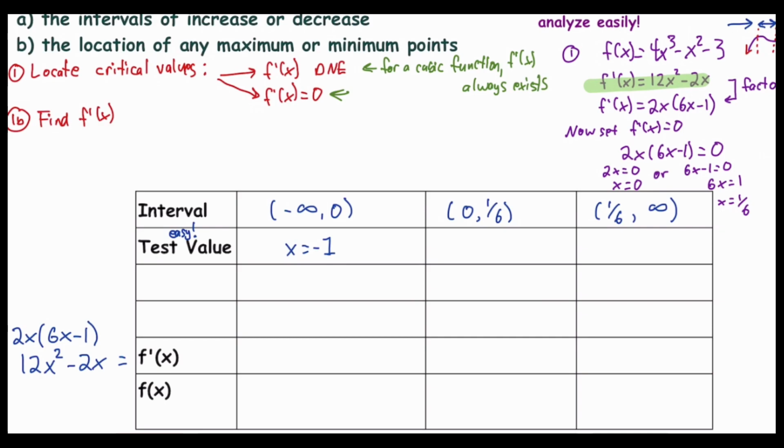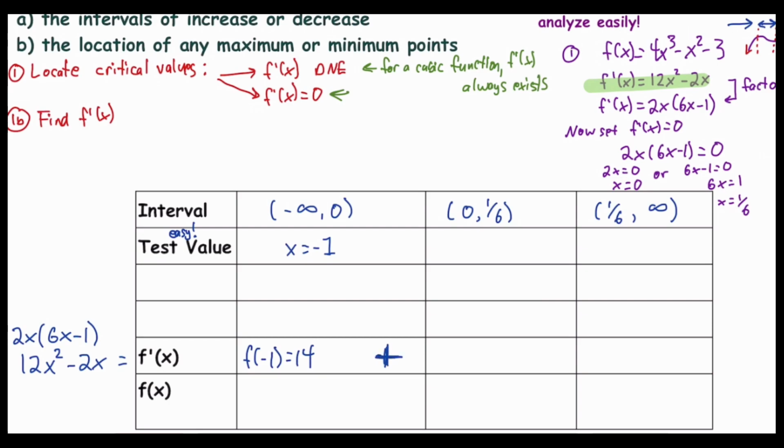And I don't really care about the actual value. I just care if it's positive or negative. So I will actually evaluate it here briefly. If I evaluate this function, f prime of negative 1 equals 14. But honestly, I don't really care about that. All I care about is if the value is positive or negative. So all I actually have to write here is a plus sign.